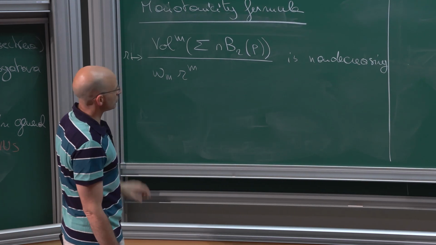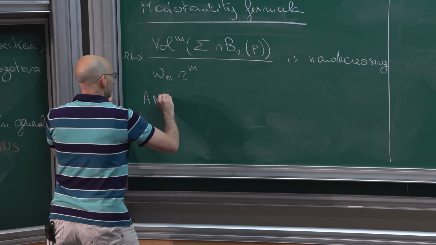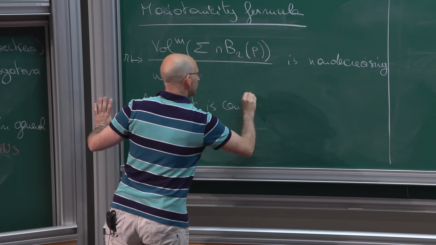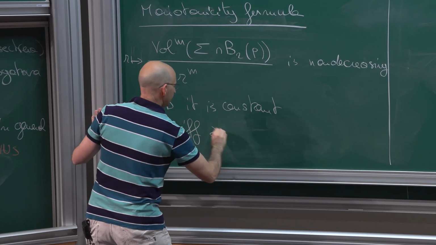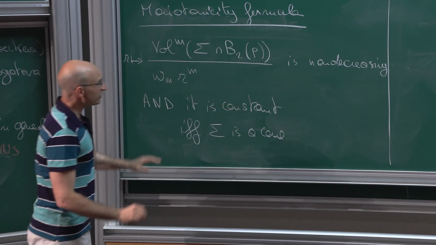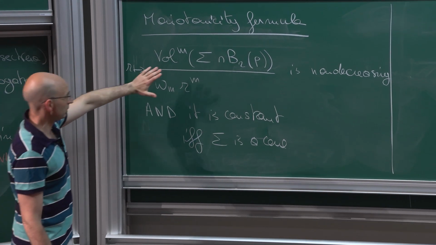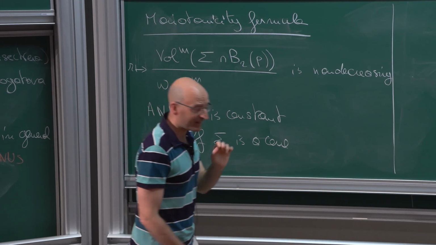So this is one piece of information from the monotonicity formula, but it comes with an extra piece: it is constant if and only if sigma is a cone. This is valid in high generality, even for very general, generalized minimal surfaces, and it tells you something very interesting.